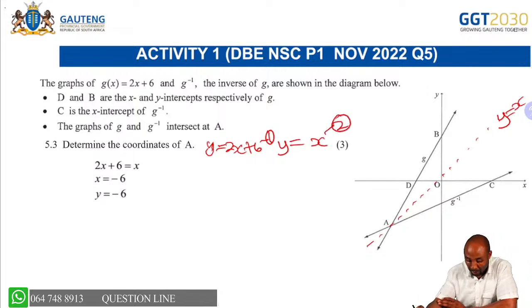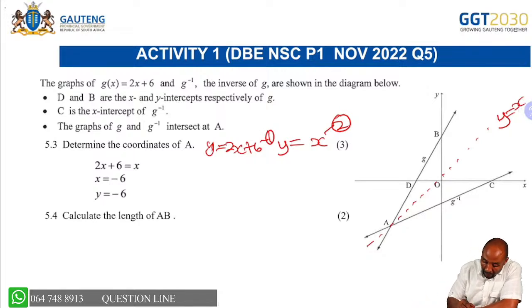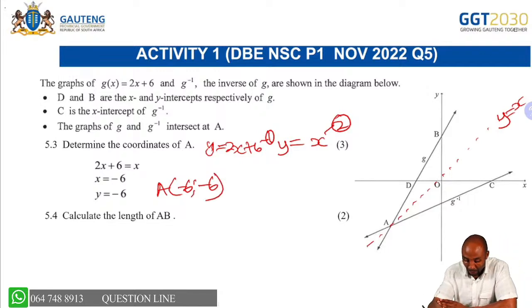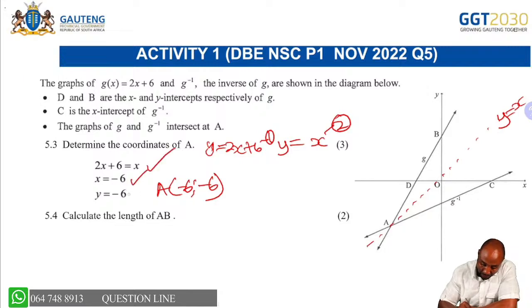Substitute, we will get our x as negative 6 and our y will also be negative 6, which means the coordinates of A are going to be negative 6, negative 6. We get our 3 marks there. Method, x value, y value, we get our answer there.